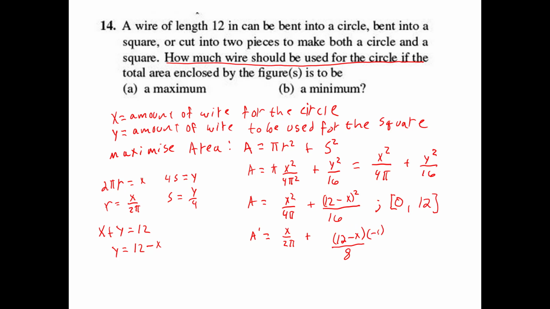So now we want to figure out what makes this 0. And so then 0 is equal to x over 2 pi minus 12 minus x over 8. This is just a linear function, but to make my life a little easier, I'm going to multiply both sides by 8 pi.